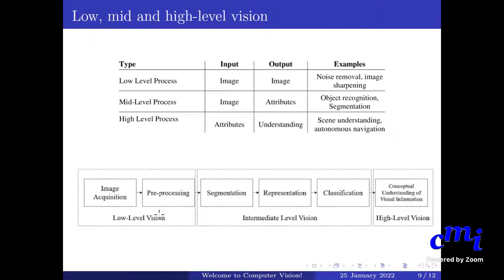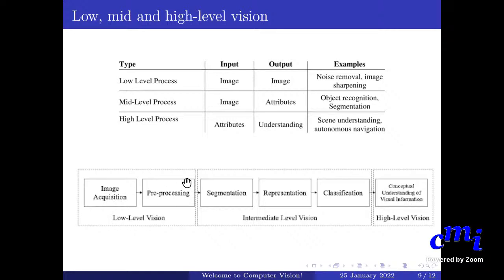Then there is pre-processing. It could be some basic noise removal or addition or subtraction of images, something basic. It could be something non-basic also. There could be some morphological operations, and there could be some filtering, where you're looking at it in the frequency domain, stuff like that. All that comes under pre-processing.